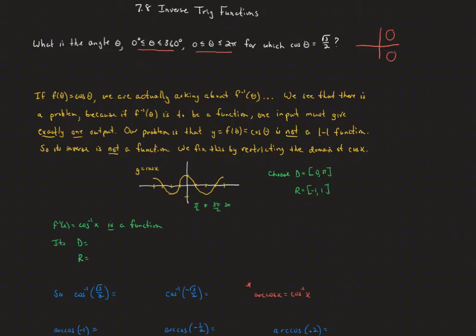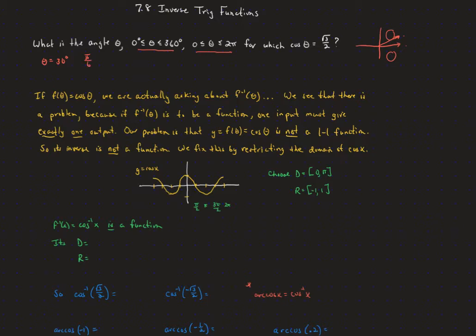This is a known value, so if you remember, cosine starts big, so it's going to go 1, square root of 3 over 2. So in quadrant 1, we could say that an angle for which cosine is equal to square root of 3 over 2 would be 30 degrees, or pi over 6 in radians.